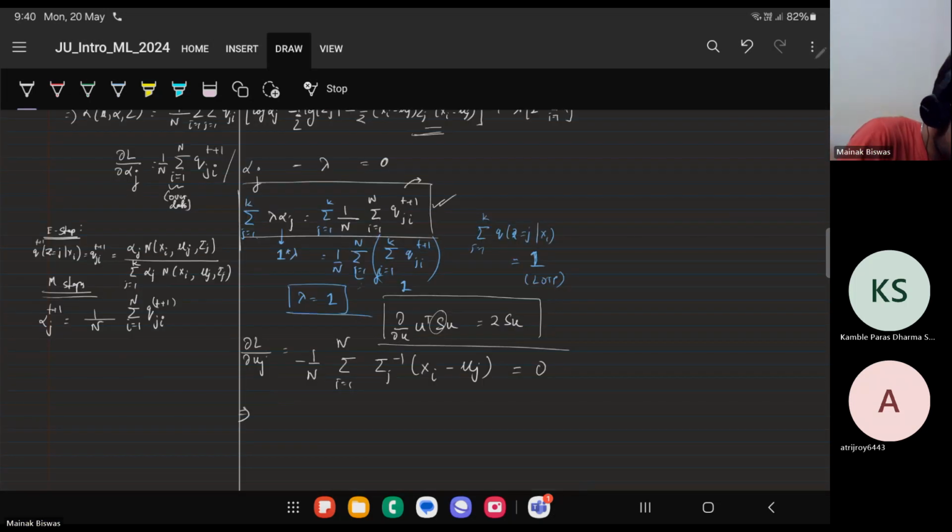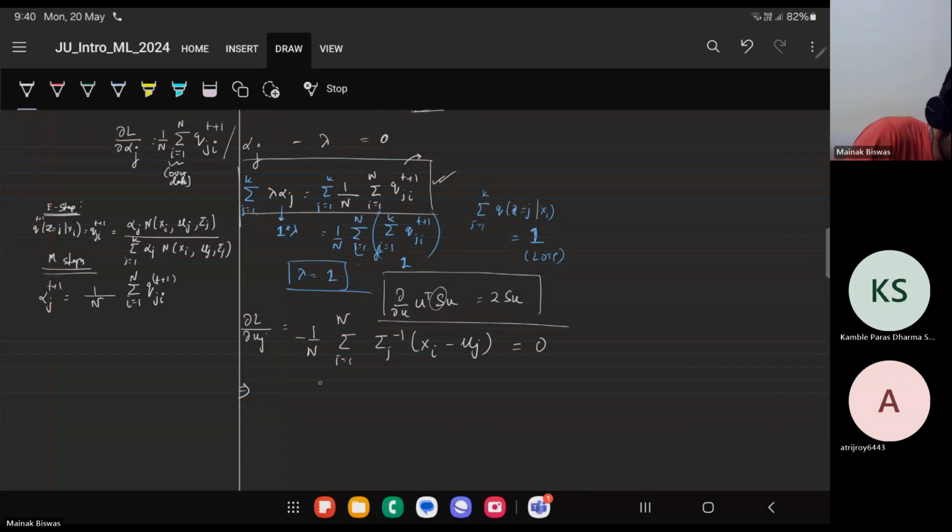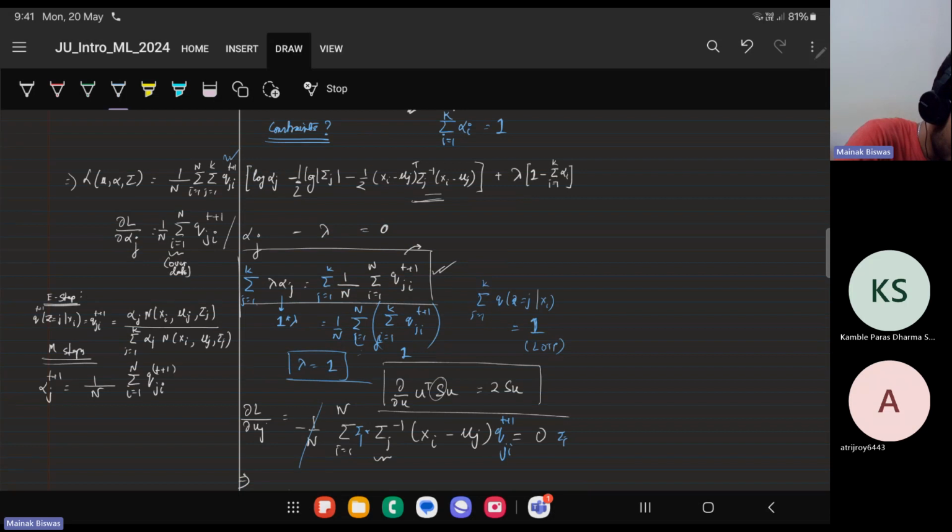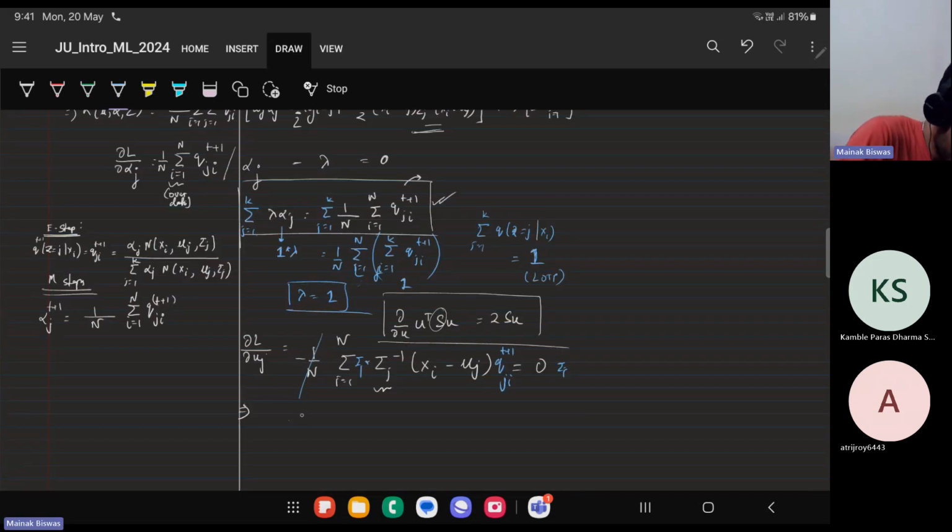So sigma j has to be invertible. We have already shown that. So I multiply sigma j on both sides and remove this as well. So what do I get? Sorry, I forgot to write q ji at t plus 1. That is also there as a constant multiplying.